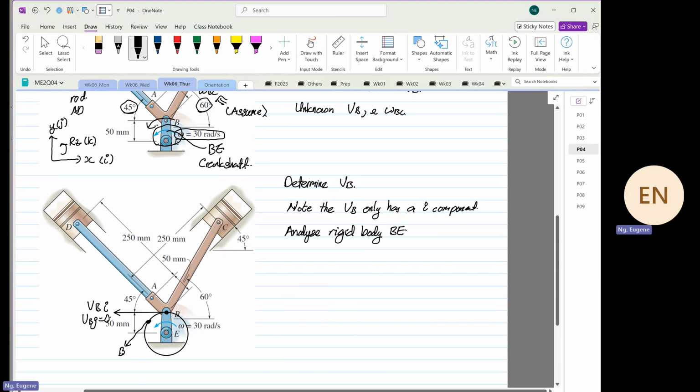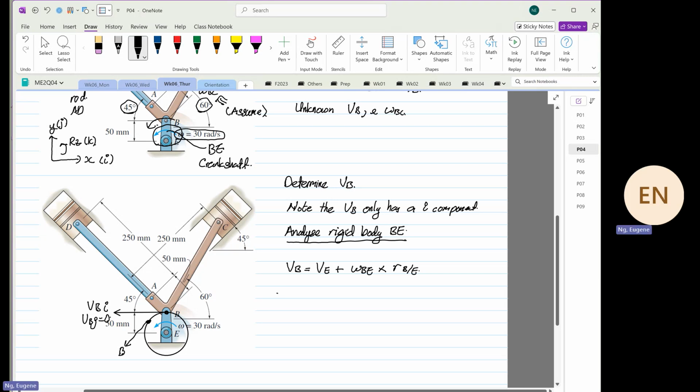Now, in the term test or exam, you no need to write this. I write this because it's notes for you to tell you what we're analyzing. Are we clear? So we have VB is equal to VE plus omega BE cross R B from point E.